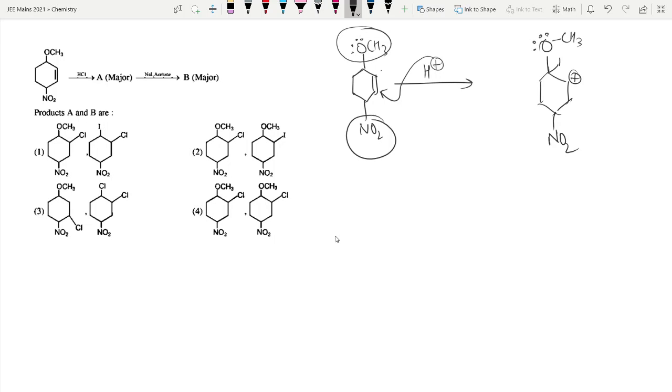And you can also do this hydride shift so that you will get a very nice carbocation. This hydrogen can shift here and NO2, a plus charge here, and then you can join the Cl.